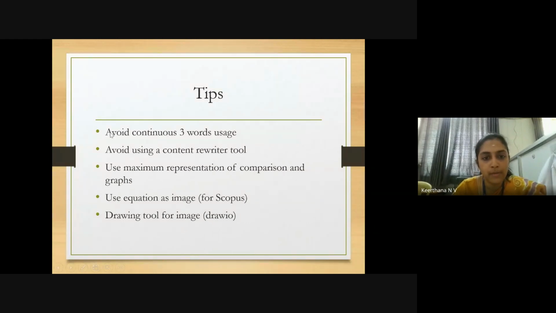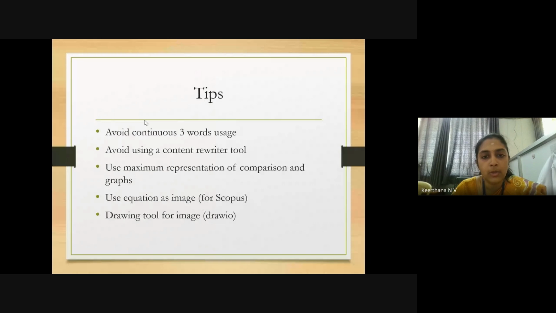So suppose I will show you a research chapter for plagiarism content. Please avoid continuous three-word usage. If you are following content from any other website where they use phrasing like "it is defined as", don't use it like that. You can find a synonym for "define" and exchange it.